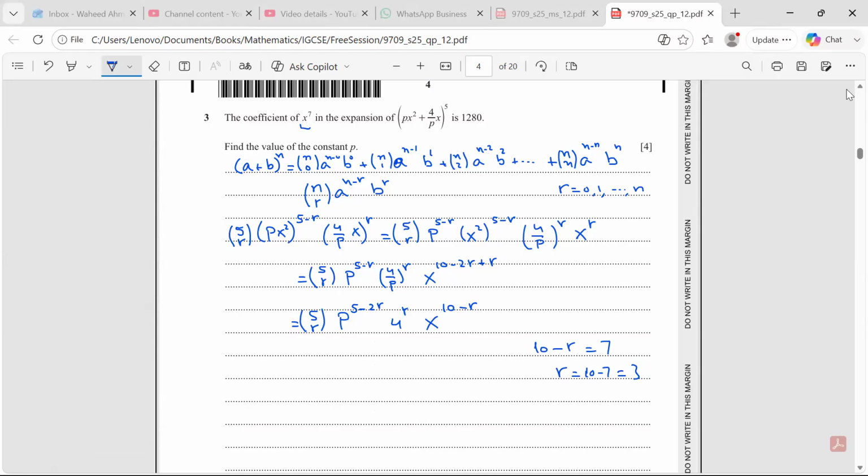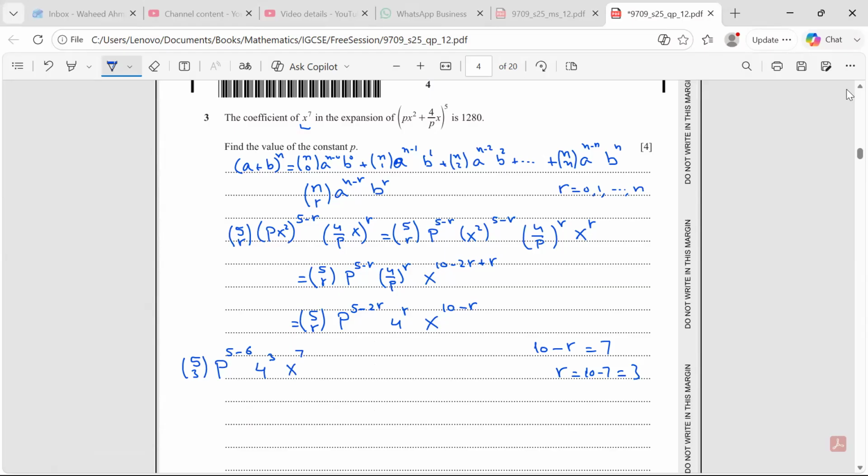So now I have 5C3, p^(5-3 times 2), which is 5-6, and then 4^3, and x^(10-3), which is x^7, right?